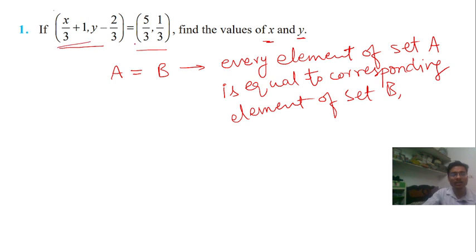If set A is equal to set B, then the first element of set A will be equal to the first element of set B, and the second element of set A will be equal to the second element of set B.